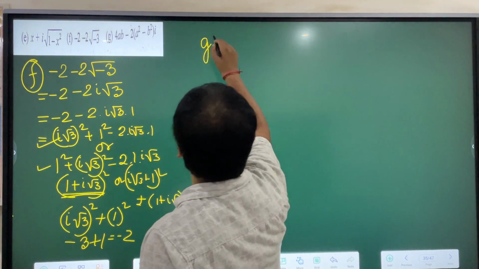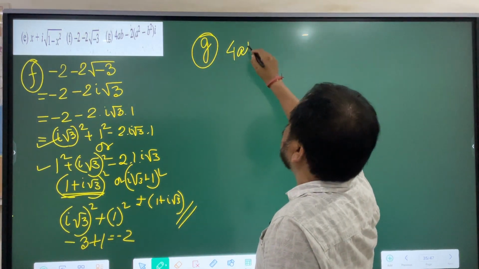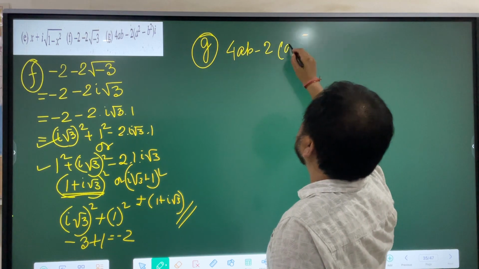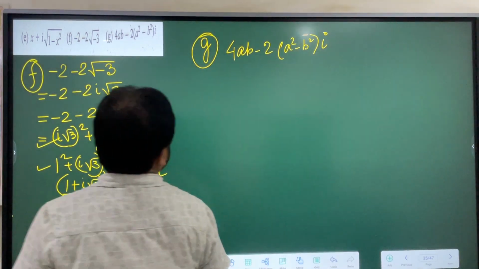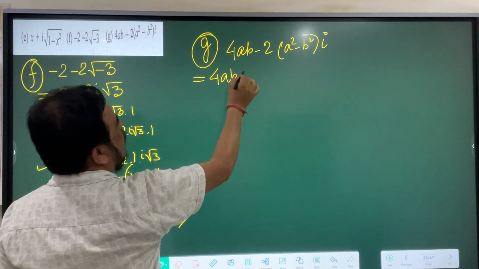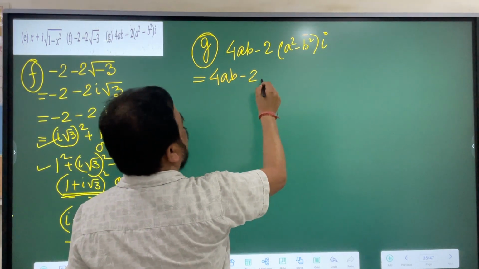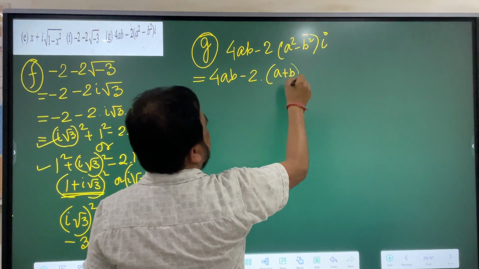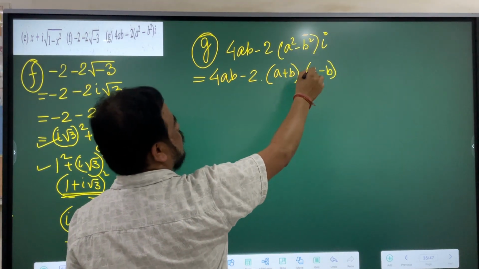Number G. Number G is an important sum, so please take it seriously. 4ab minus 2 a square minus b square i. So with i, 2 is there, so we don't have any problem making twice ab. 2 a plus b, a minus b, direct formula, a square minus b square is a plus b, a minus b.